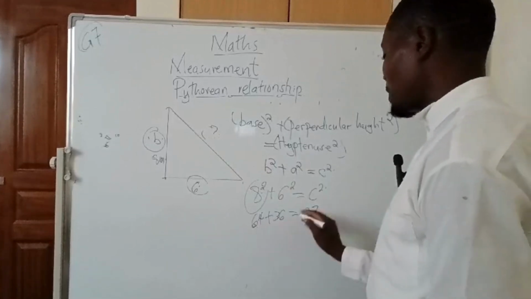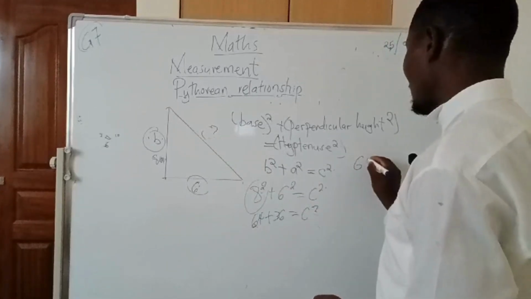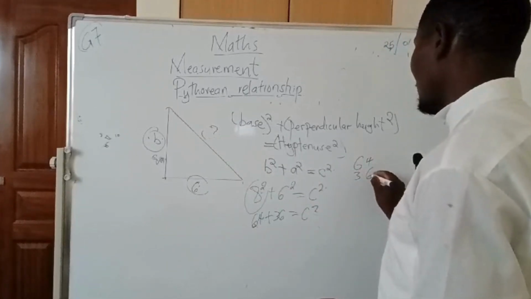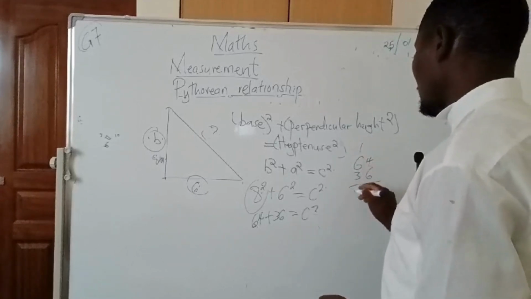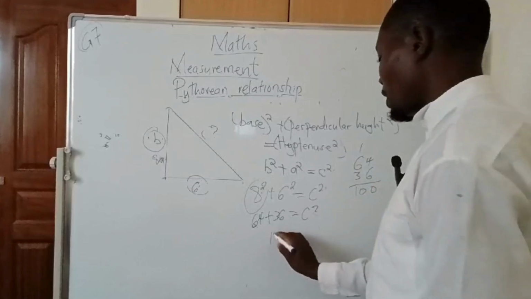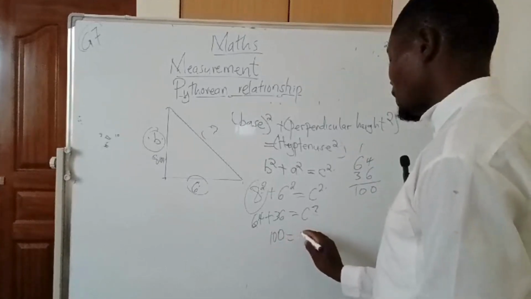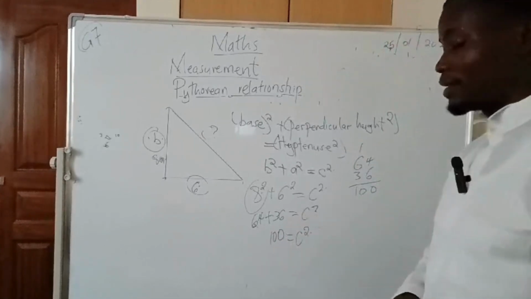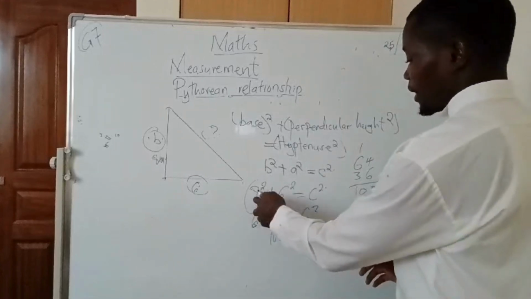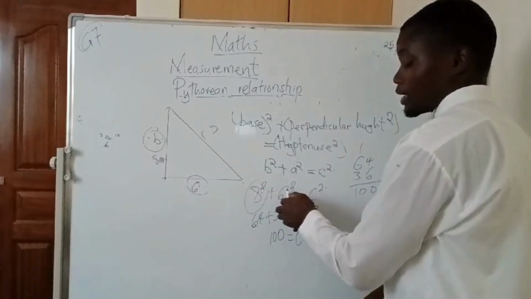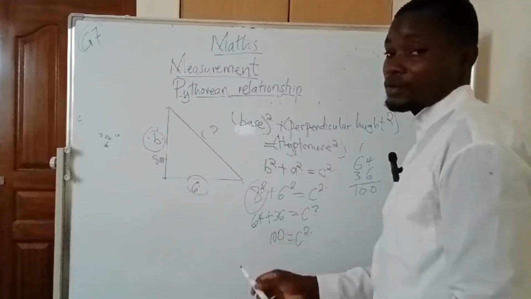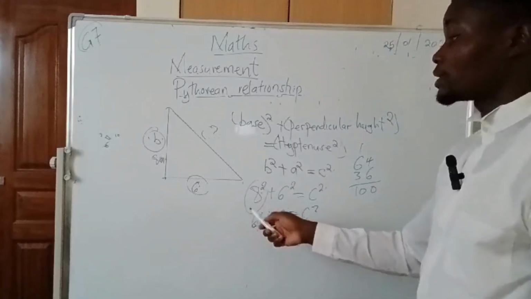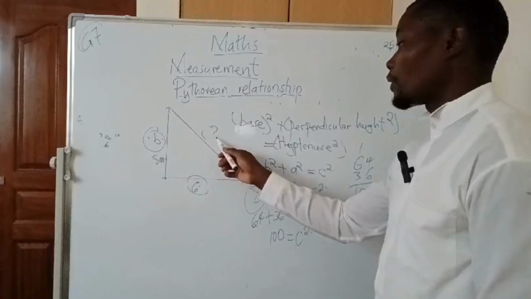Now, 64 plus 36, very quick. 4 plus 6 is 10, so that is 100, which is equal to c squared. So we've done this: 8 squared is 64, 6 squared is 36. Then when we add, we said the sum of the two shorter sides is equal to what?